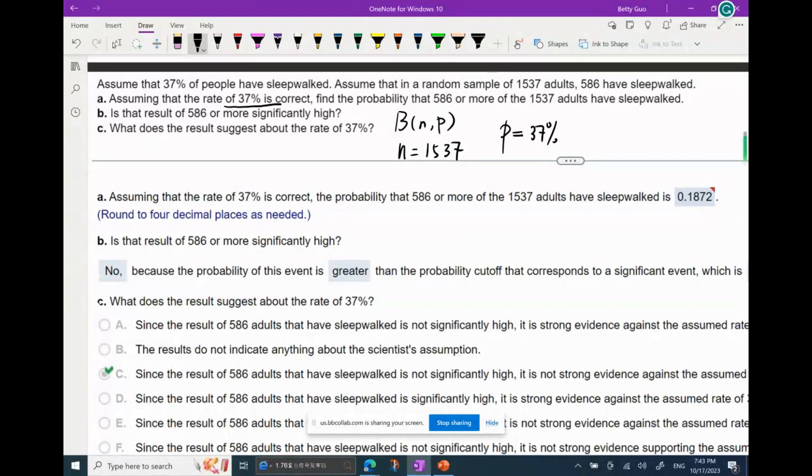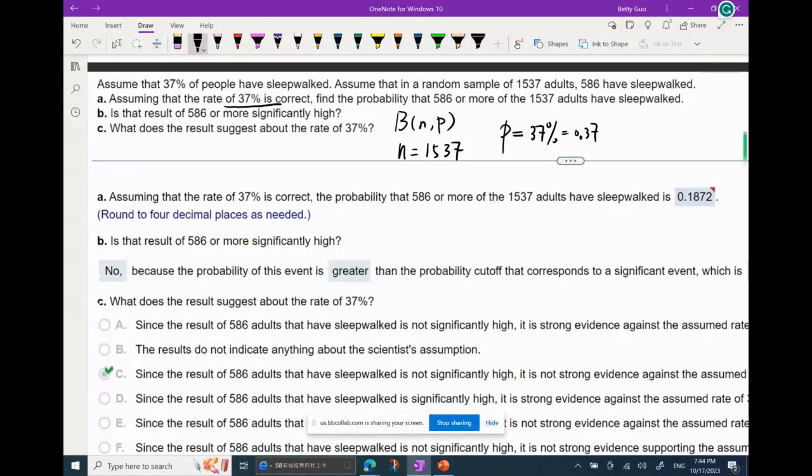If the participant reports that he or she has sleepwalked, that's a success. If not, that's a failure. So the probability of success is 0.37.